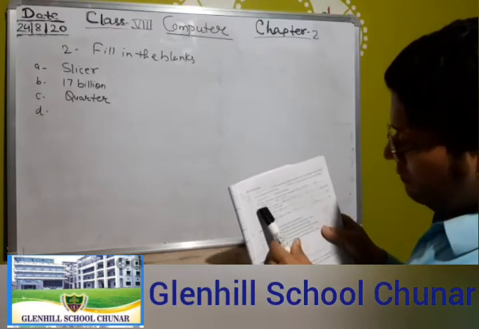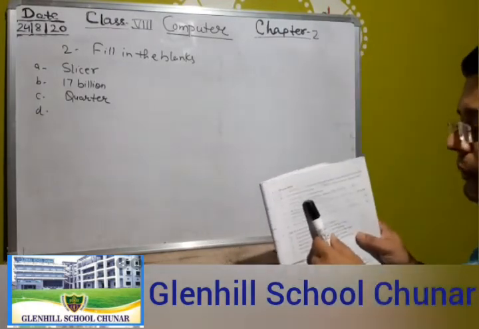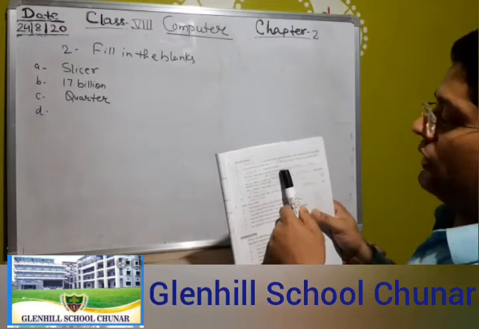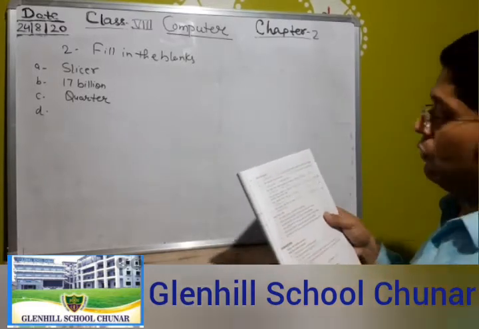D. The pivot table layout consists of 4 elements. What are the 4 elements?